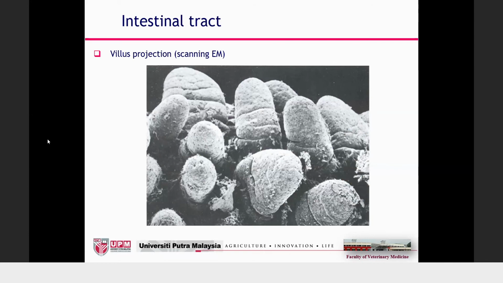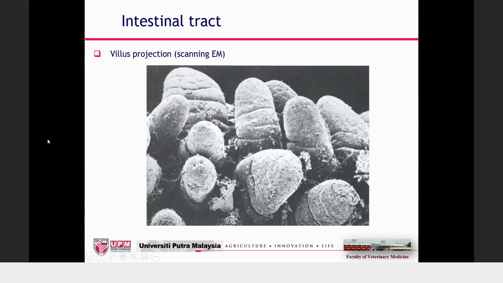But actually, when you look at it under scanning electron microscopy, from the top of those villi in the mucosa, we can see that the projection varies, from a single villus projection until they look more like a tongue appearance.